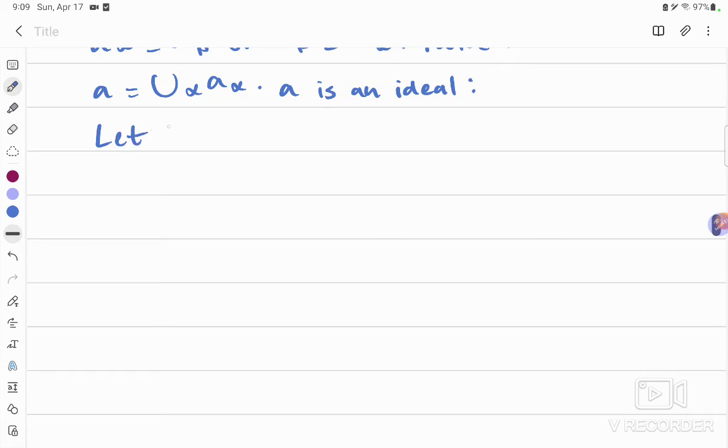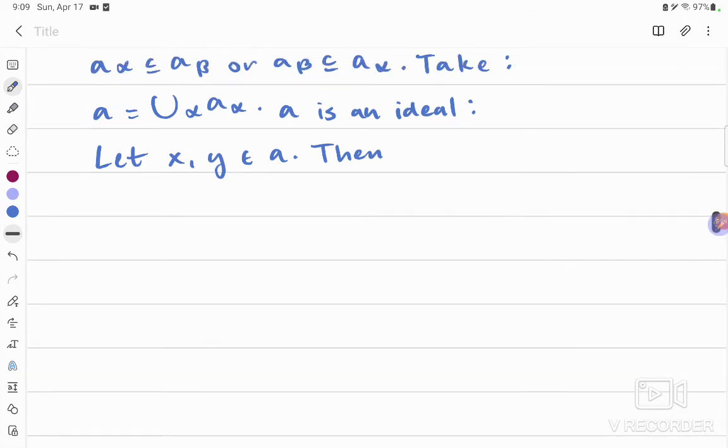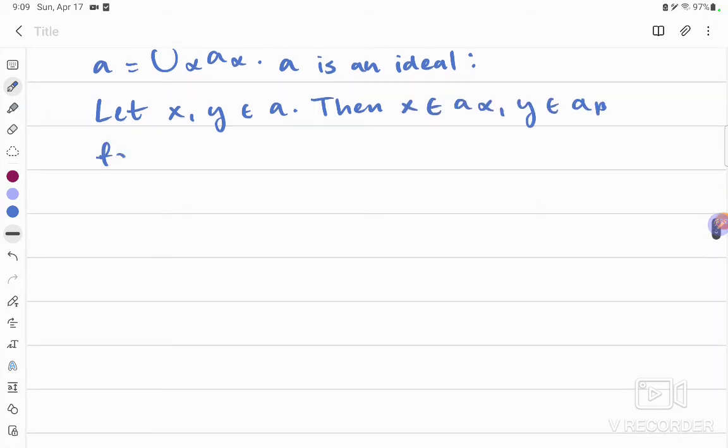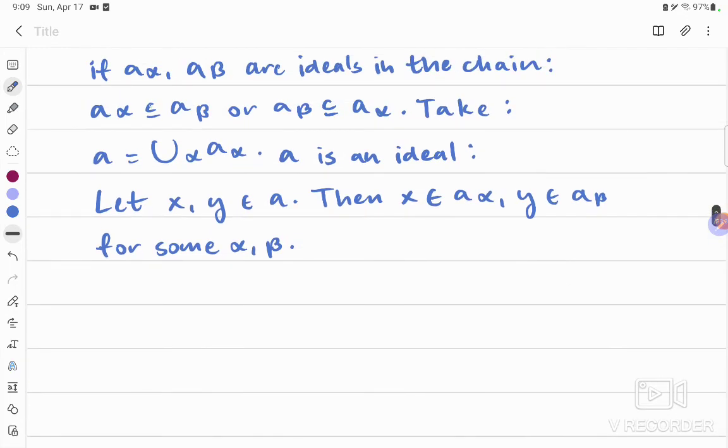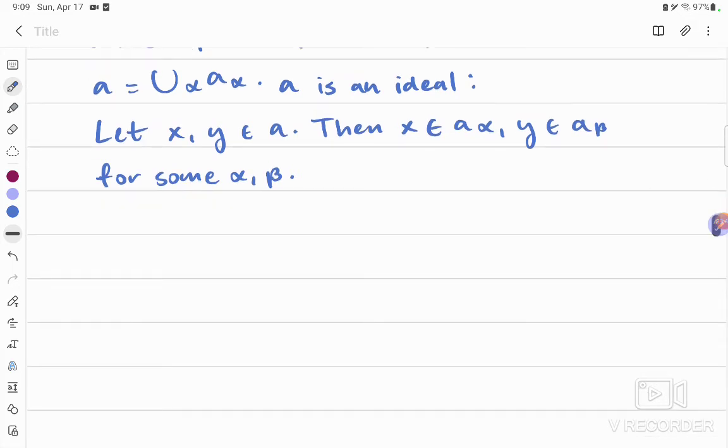We take x, y to be in A. Then if they exist in this union, we can identify from this inclusion that there are some ideals, let's say a sub alpha and a sub beta, such that x is in a sub alpha and y is in a sub beta. Now from our chain condition, one of them is included in the other.